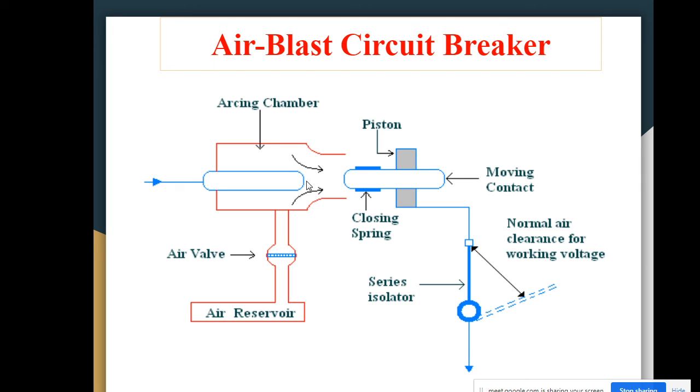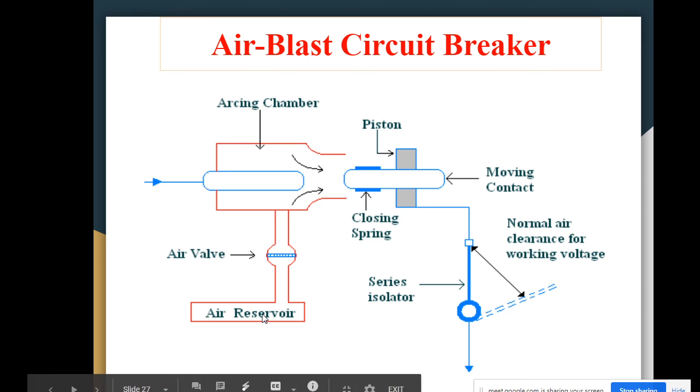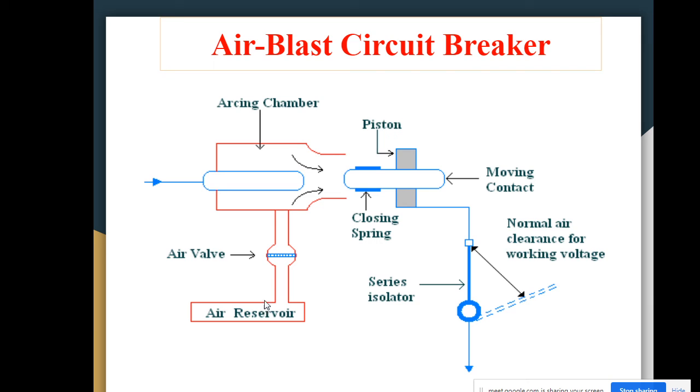So two contacts are closed by the spring action. This is the piston which carries the moving contact. The air reservoir is where the air blast will be stored, and this is the valve.